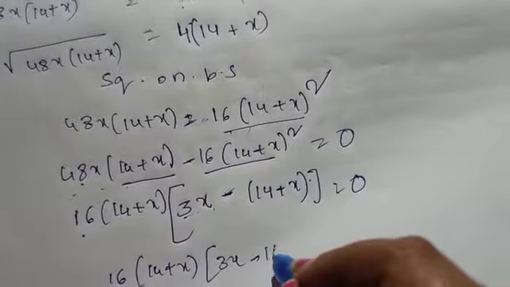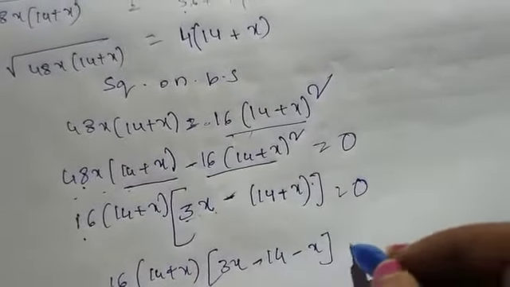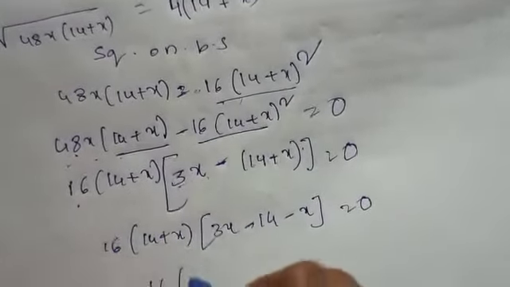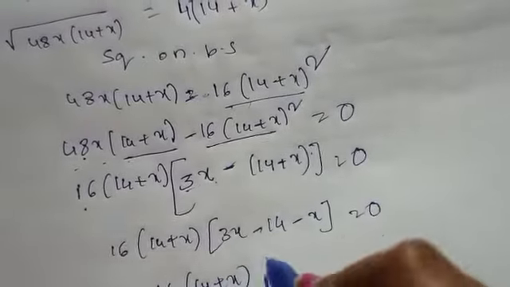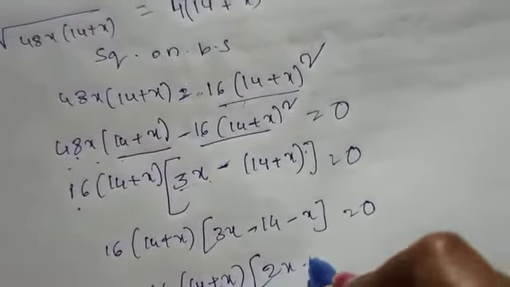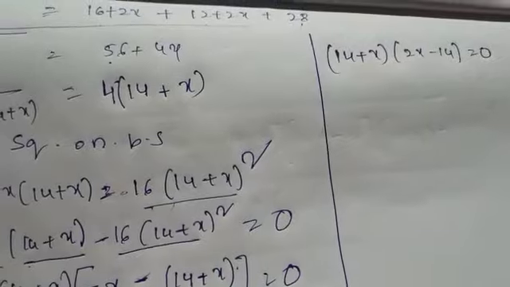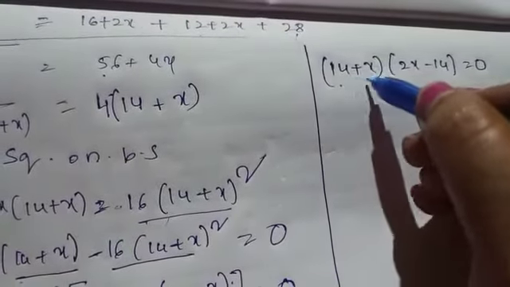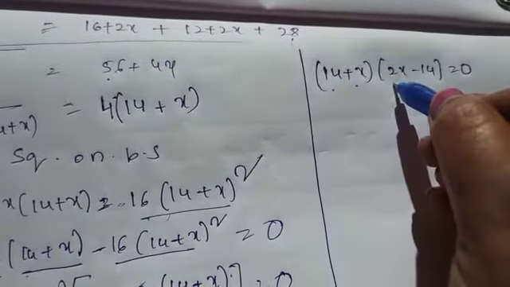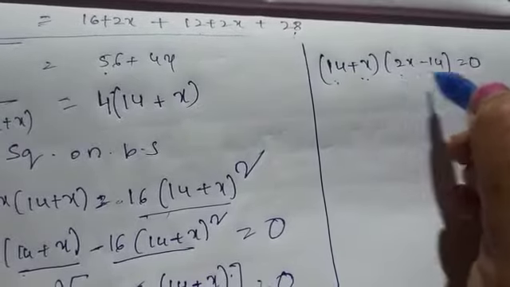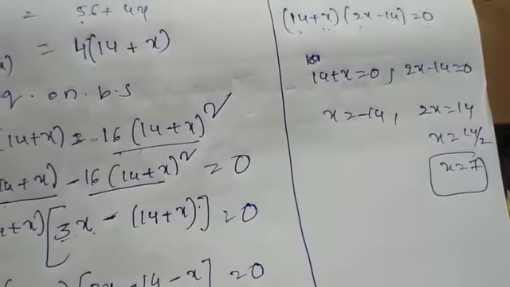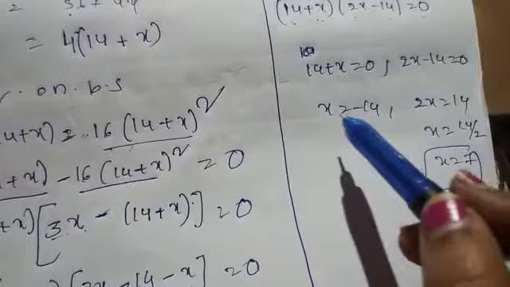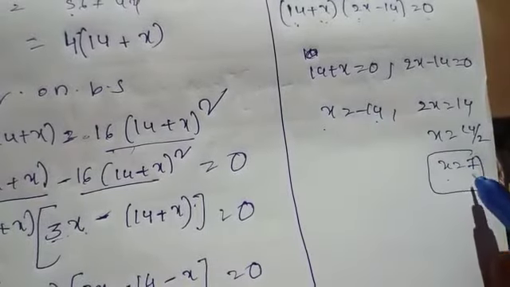Then 3x minus x, 2x minus 14 equal to 0. Therefore 14 plus x into 2x minus 14 equal to 0. Finally we get the x values. x equal to minus 14, x equal to 7.